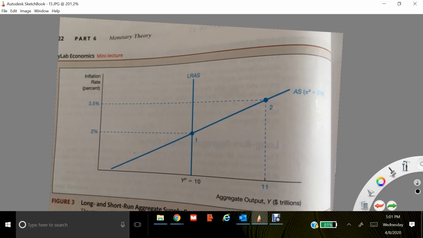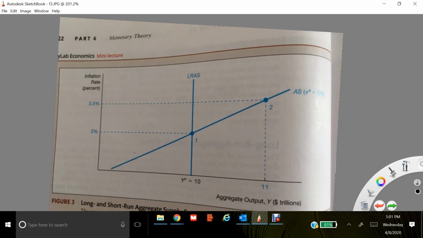Okay, so now we're ready to derive the supply side of the economy. I'm looking at page 521. Okay, so the aggregate supply side, remember it's composed of two curves.